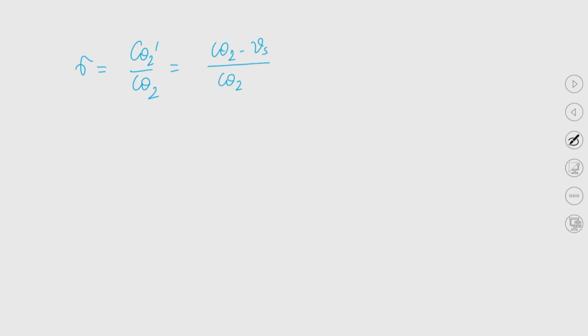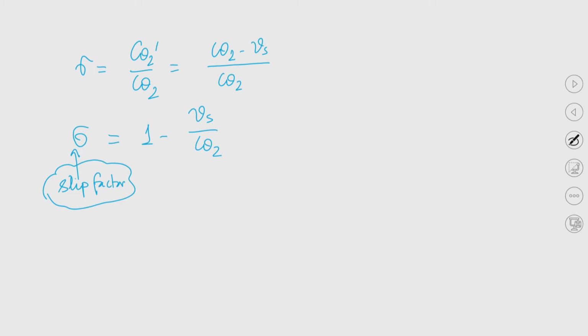very simple to understand. So, basically 1 minus Vs divided by c theta 2. This is the slip factor sigma. So, again, this is the slip factor: 1 minus Vs by c theta 2.